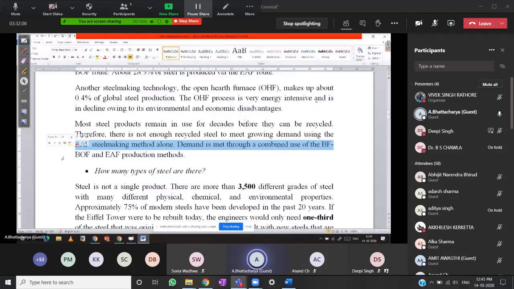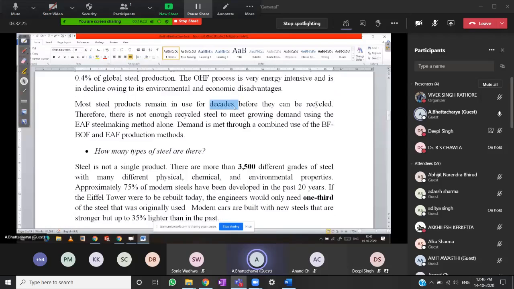Steel products remain in use for decades before they can be recycled, so you will not get enough steel for recycling. So this EAF steel making is also limited because recycled material is not available. So this is about the steel making.